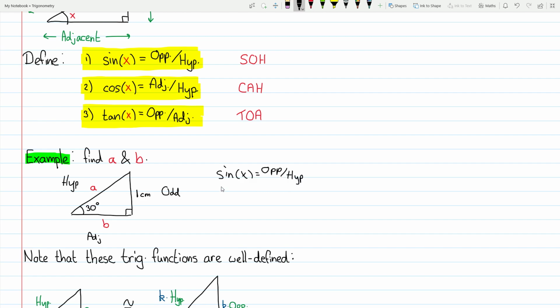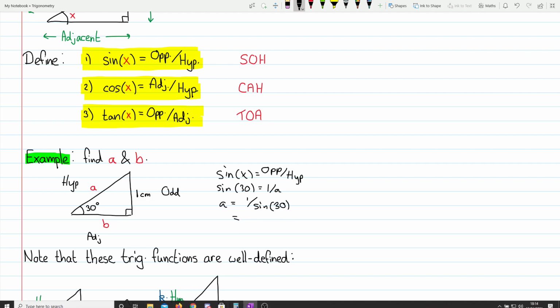well, now we can start plugging in values, right? Sine of 30 equals the opposite, which is 1, divided by the hypotenuse, which we don't know yet. It's just A. Now we can solve for A, so we multiply both sides by A, divide through by sine of 30, so we get 1 over sine of 30.